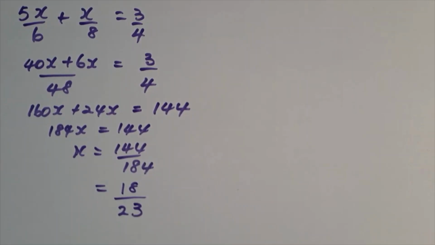So our result, unlikely as it looks, is 18 over 23. I urge you to substitute 18 over 23 into the left-hand side and convince yourself that the result is 3/4.